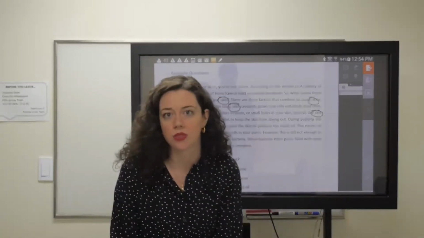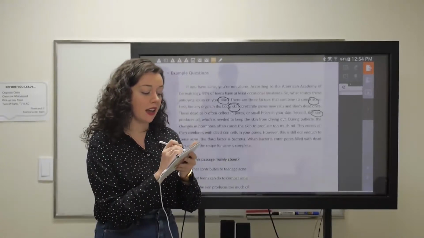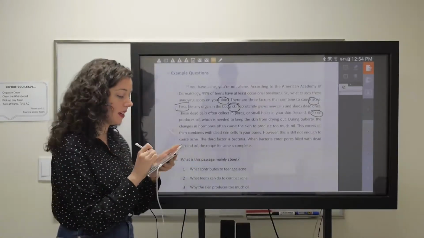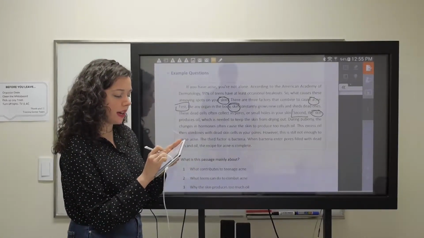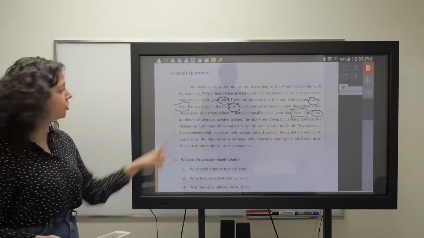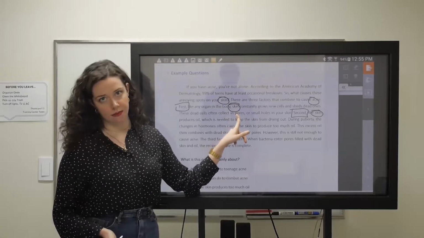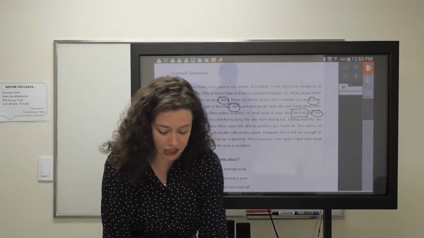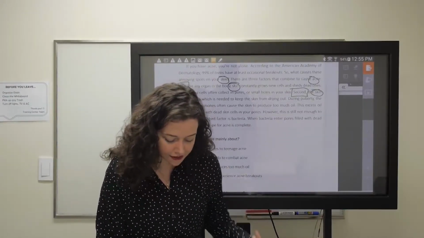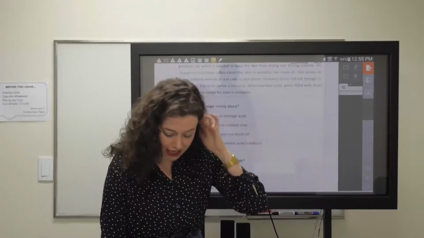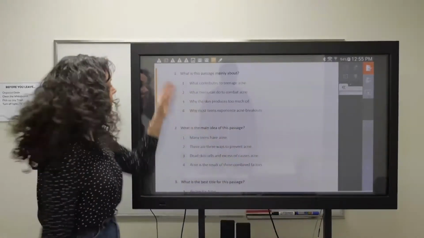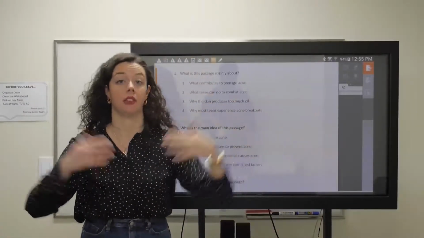Feel free to do whatever you want in your class, but I recommend that you keep it consistent. So whenever I'm asking my students to find transitions, we box them, and when we're looking for repeated words, we circle them. Okay, so they can go through the strategy, and after we complete the strategy as a class, we can then read the questions out loud and answer them all together.